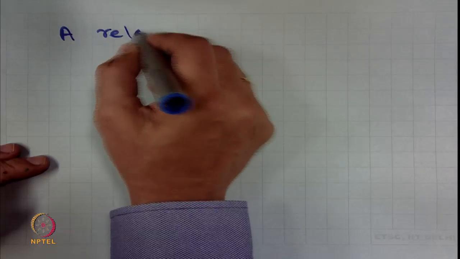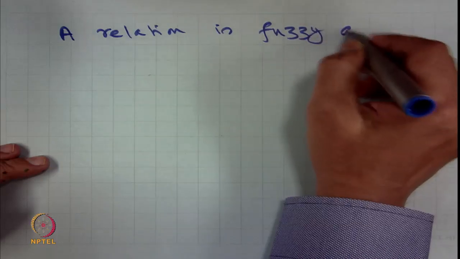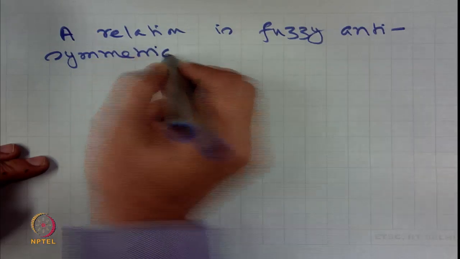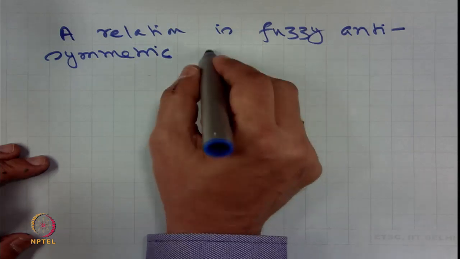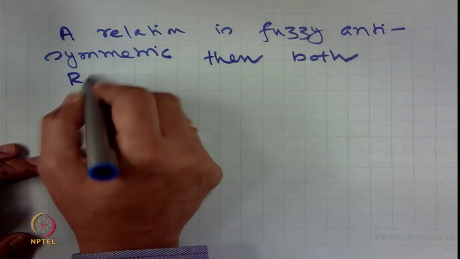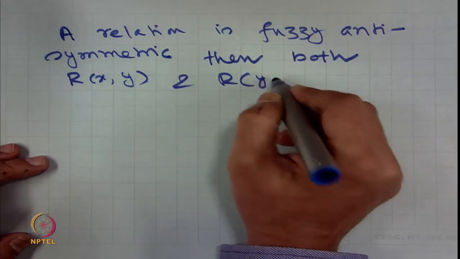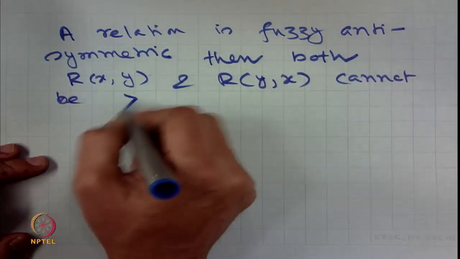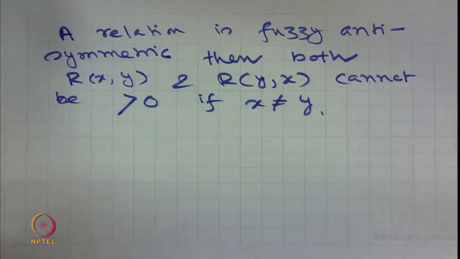A relation is fuzzy antisymmetric then both R(x, y) and R(y, x) cannot be greater than 0 if x not equal to y.